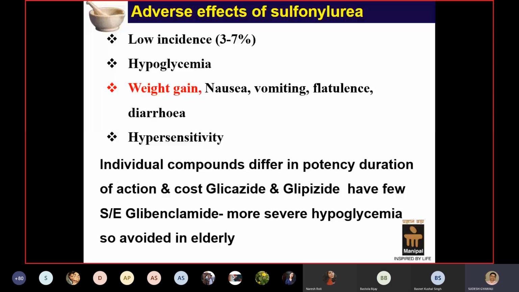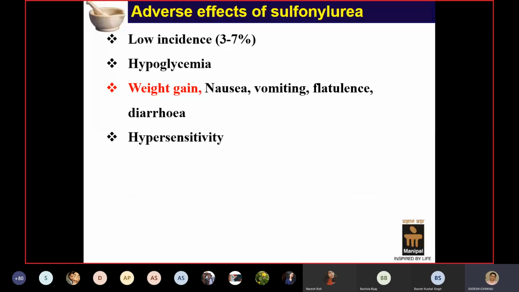Now, all sulfonylureas are almost similar, so you don't have to remember much about individual sulfonylureas. The mechanism of action is almost similar, even the use is the same. What is the use of sulfonylurea? Where is it used?